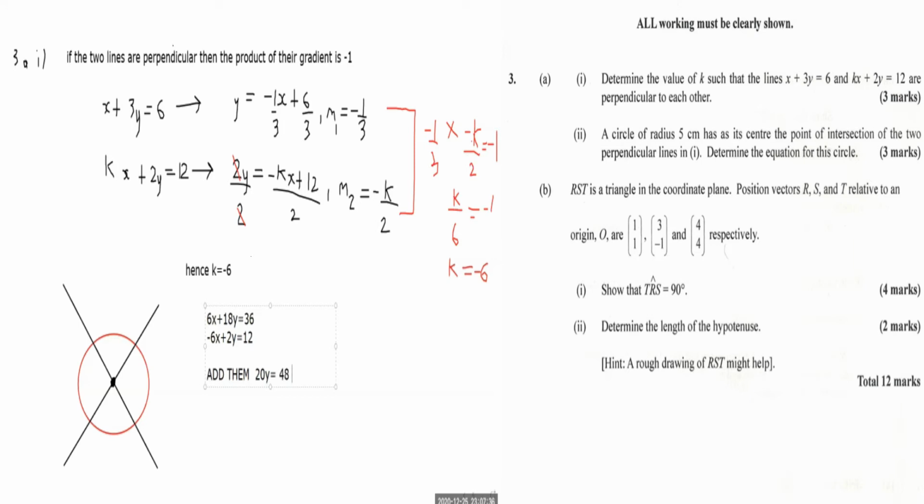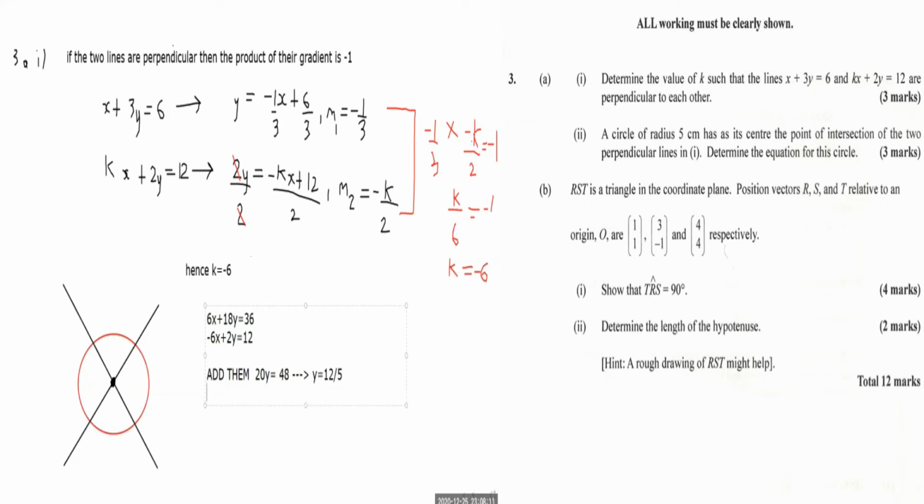We divide through by 20, so 48 over 20 will give us y. That's 2.4, or we would say 12 over 5. So y is 12 over 5.